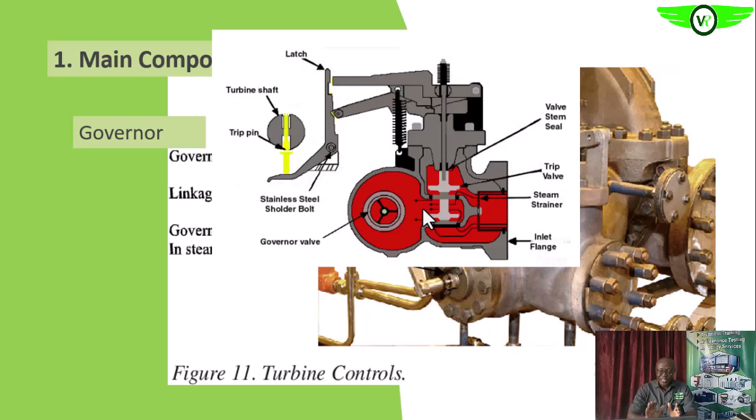So this is the emergency stop arrangement of the steam turbine, in addition to the governor that helps to control. If the speed goes beyond what could be controlled, before it results in catastrophic failure, this trip mechanism will be activated by this trip pin and shut off steam to the steam turbine.